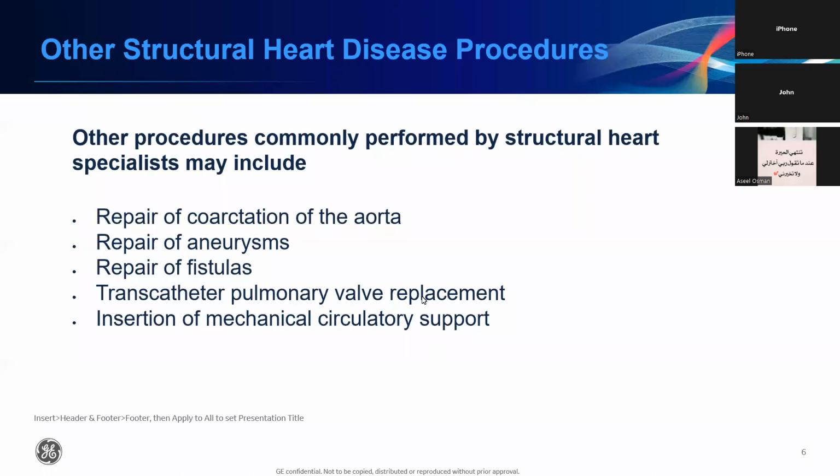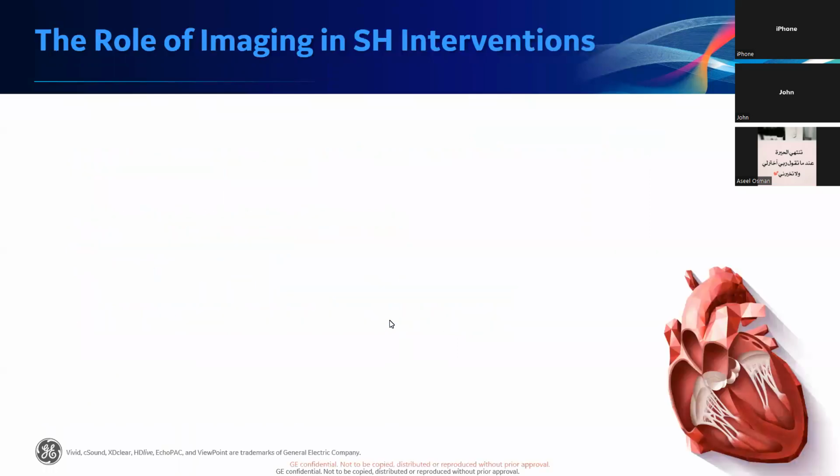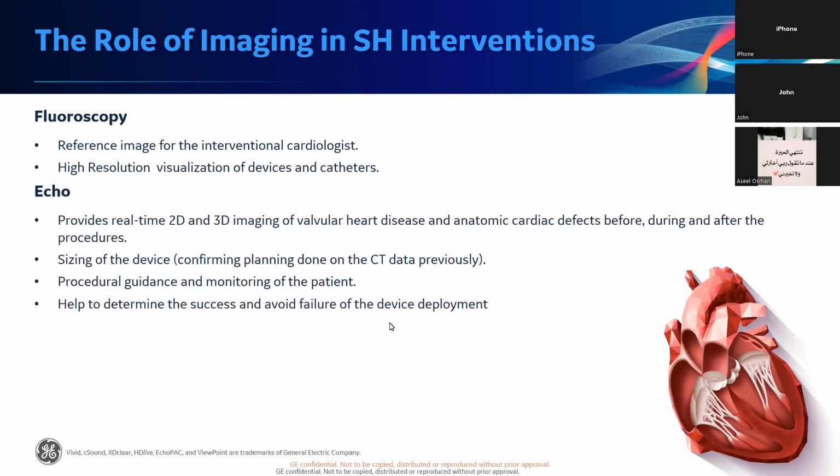There are also other procedures, but it's not necessarily where echo is the best modality, but they can also be considered as structural procedures that echo pre-assessment can help, not necessarily as the only modality.